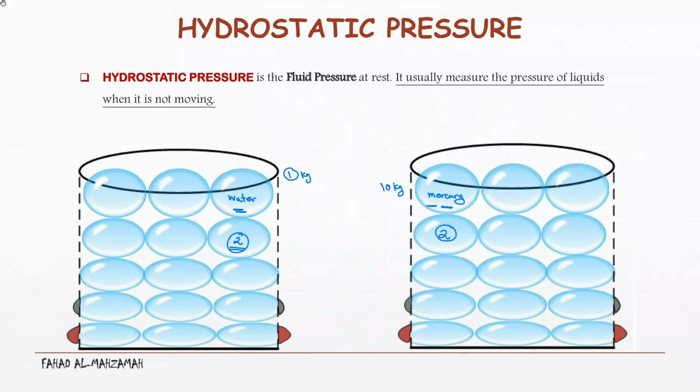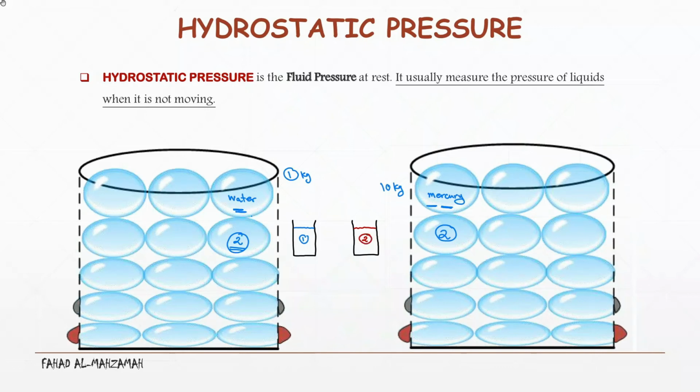So, for example, if you have two containers, and these two containers contain two different liquids, and this is liquid 1 and this is liquid 2.